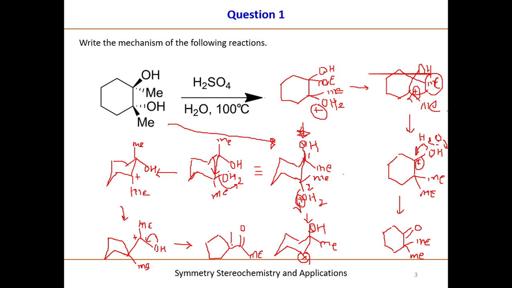Methyl group and here also methyl group. So these are two possibilities of the product in this case.